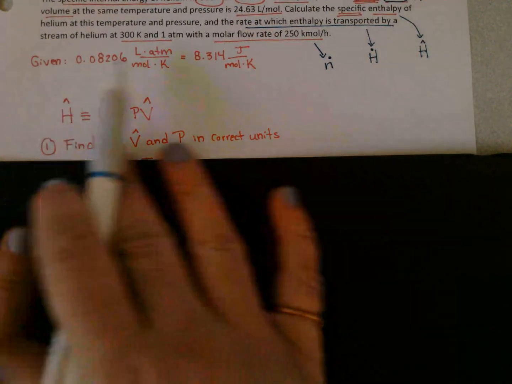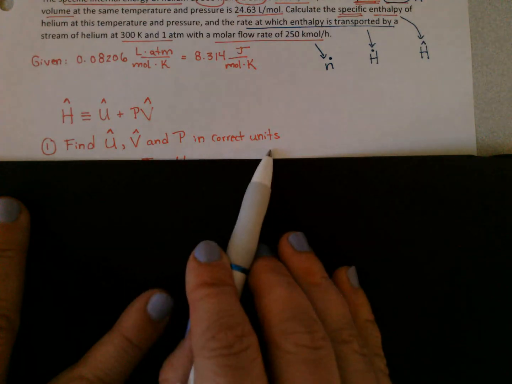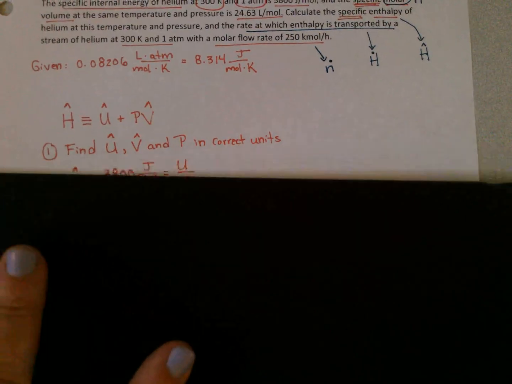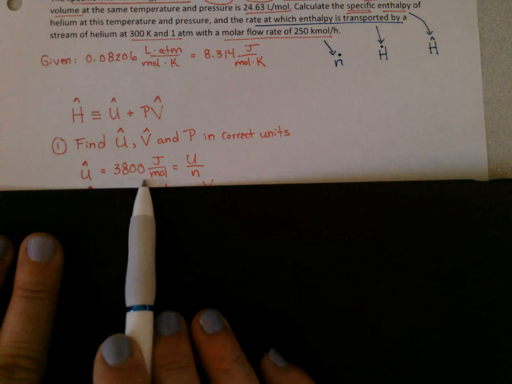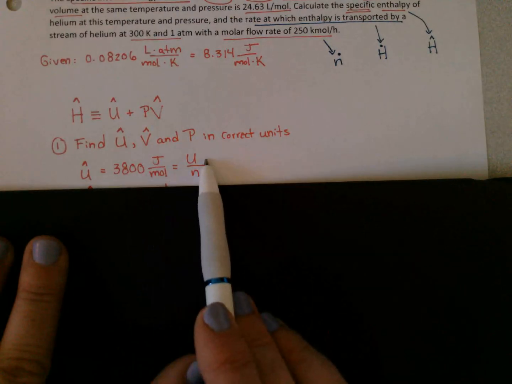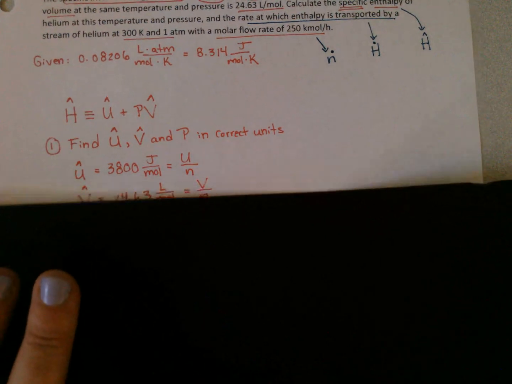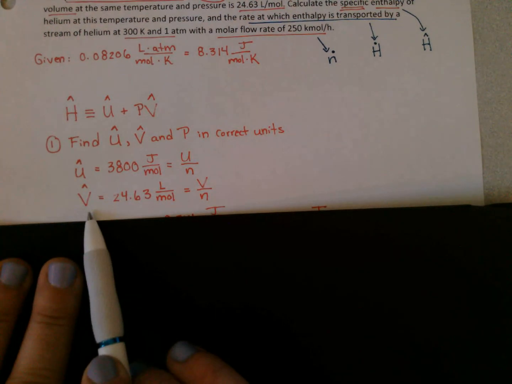The first thing that we want to do is make sure that U hat, V hat, and P are all in correct units, and that we pull those numbers correctly out of the problem. So we can pull U right out of the problem. It's 3,800 joules per mole, so that means that we have a U per N, right? This is specific internal energy. V hat can also be pulled specifically from the problem.